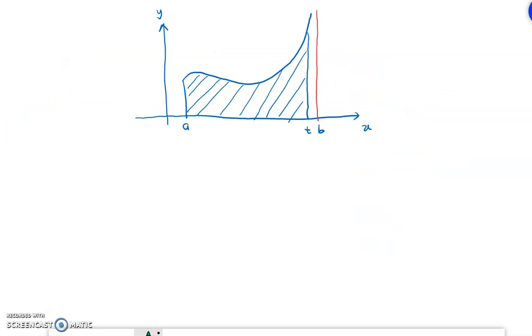Now let's say we let S be the bounded region under the graph of f(x), and above the x-axis between the interval a and b. Here at x equals b, the function has an infinite discontinuity. So we can find the area under the curve of f(x), where we can write it as the integral of f(x) dx, where the interval starts from a up to t, since at b it is an infinite discontinuity, so we just take it to the closest point to b, which we define as t.